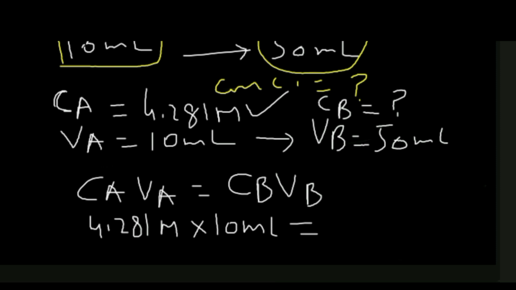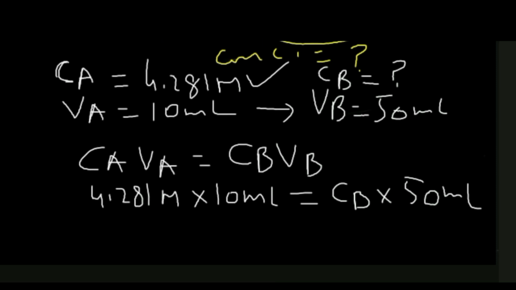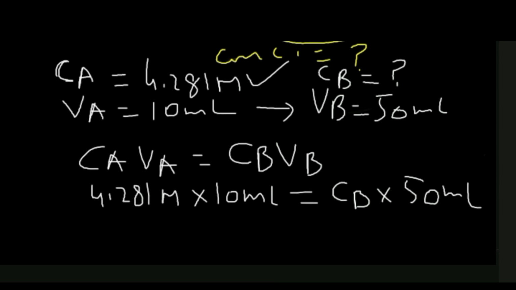That is equal to CB, which is unknown, and VB will be equal to 50 ml, because this is the volume to which the solution has been diluted. Now we will determine this CB.